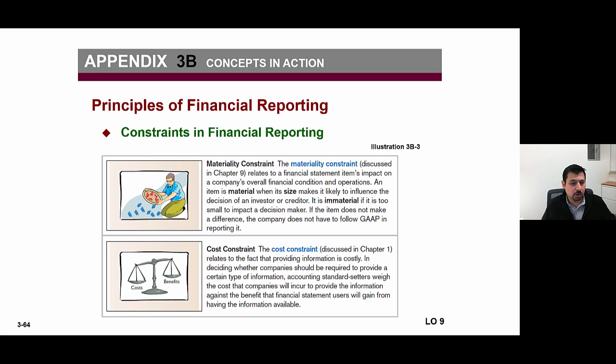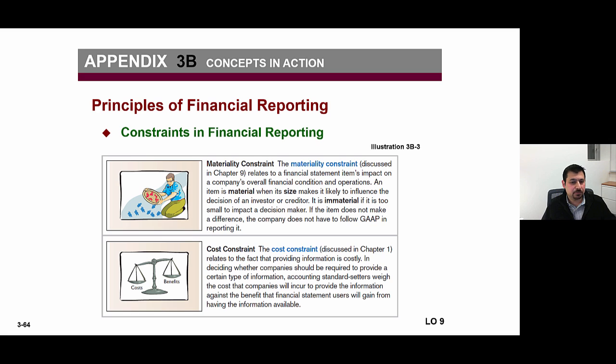But for a small company, yes, it would be material because it will affect the decision making of the investor or the creditor. So materiality is about whether the information in the financial statement will affect the decision making of an investor or creditor. Will it be big enough to affect their decision?